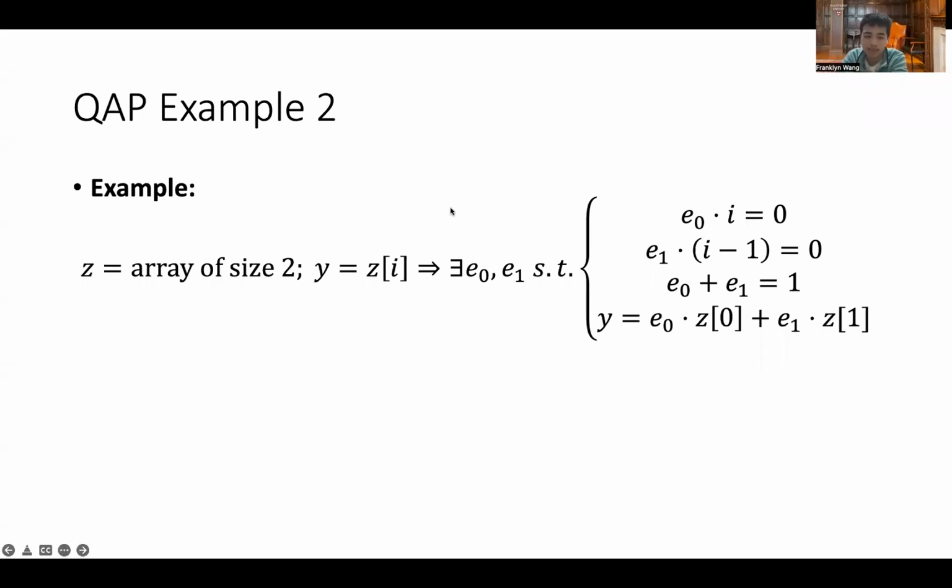Technically, if I is out of the range 0, 1, y equals z of I is not a well-formed expression. In particular, there is no value y that you can state that is equal to z of I, and likewise, there will be no solution to this system of equations. But yeah, you're absolutely correct. Technically, for this y to always give an output, you need I to be constrained to 0 and 1. This is an issue that will crop up later.